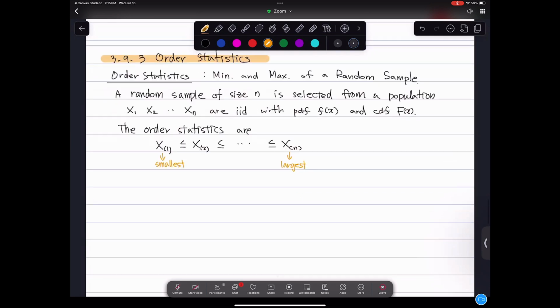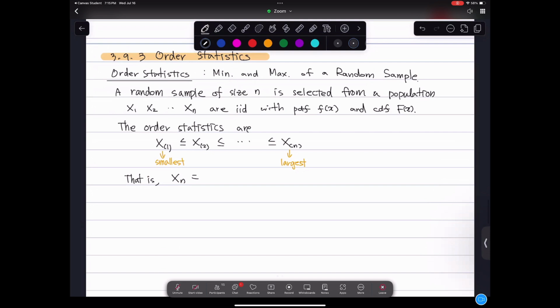So what it means is that x of 1 in parentheses is a function of this whole thing. It is the minimum of x1, x2, all these n random variables. It's a function of these random variables.